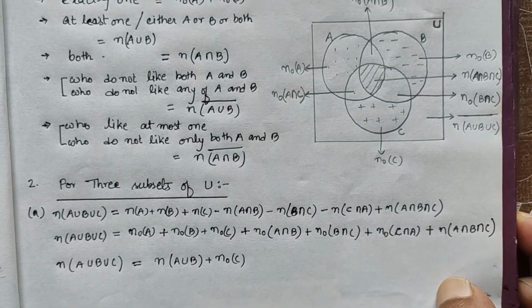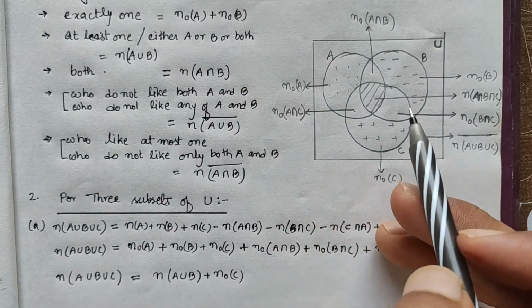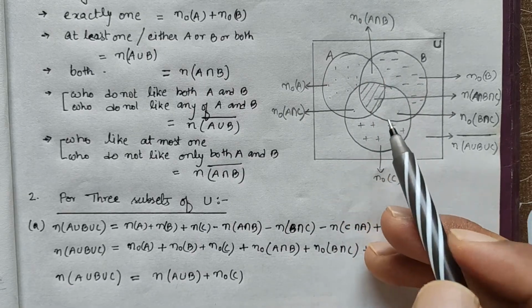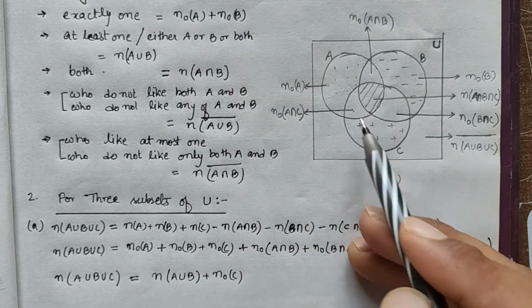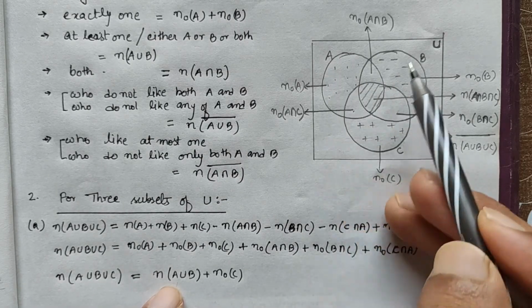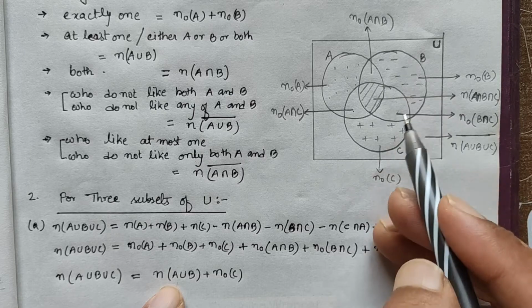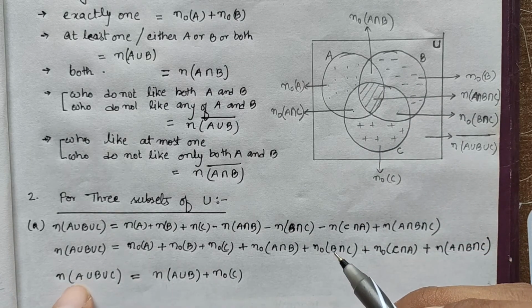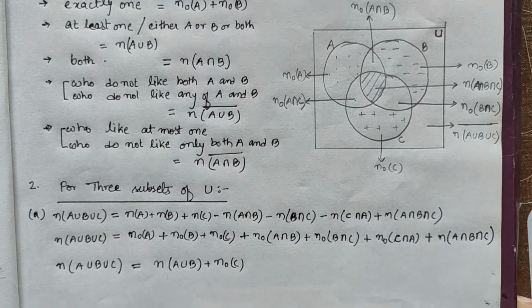Let's discuss this formula on the figure. When you write A union B, everything inside is counted not twice, only once. And A union B means this one, and the remaining is this plus sign, so we add n(only C). So that is the complete A union B union C.